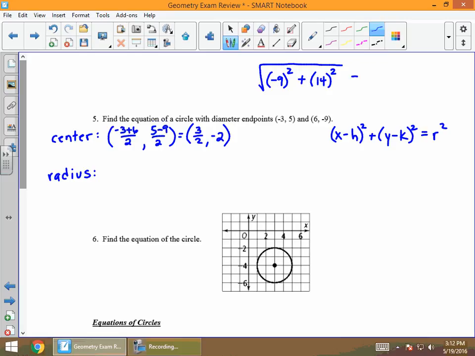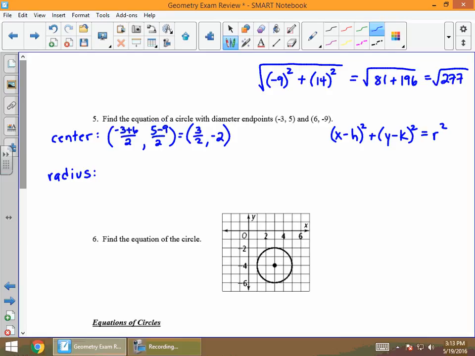So that is 81, and 14 squared is 196. And if I add 81 and 196, that is 277.